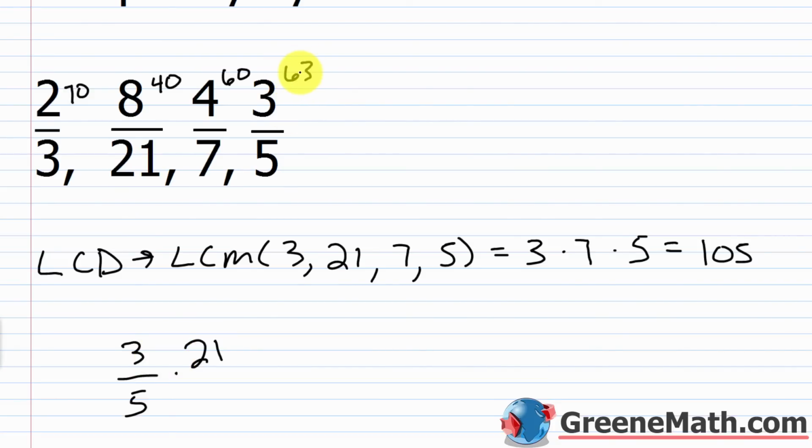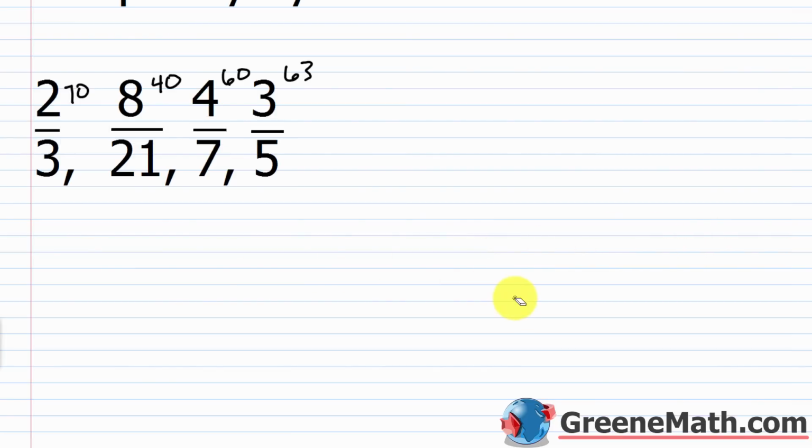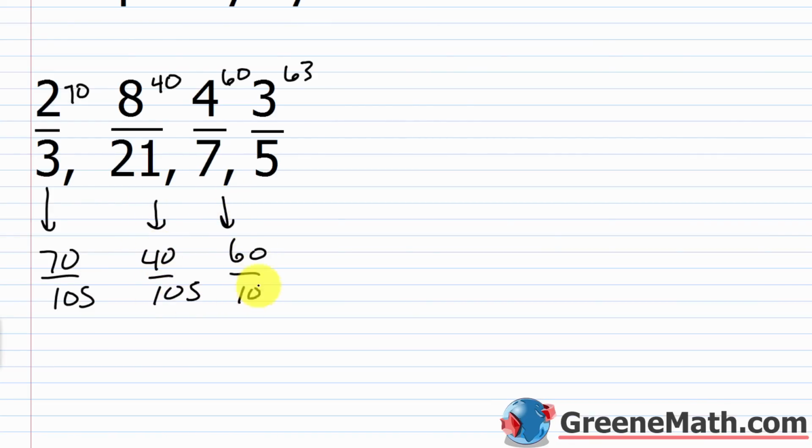So now if I look at these fractions here, I can see that if I had changed them into equivalent fractions, where 105 is the denominator, I'd have 70 over 105, 40 over 105, 60 over 105, and 63 over 105. And once I have the same denominator, it's very easy to see the relative size of the fractions.